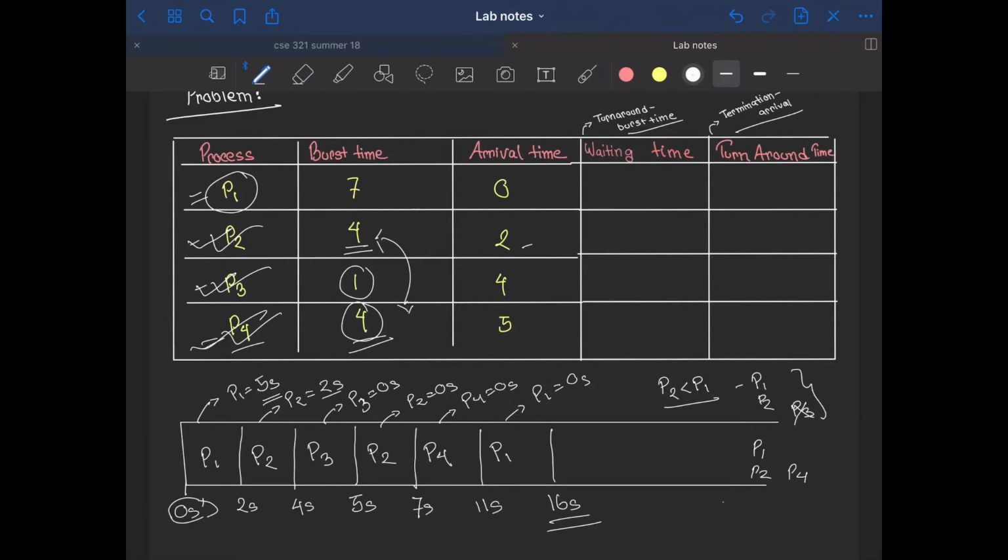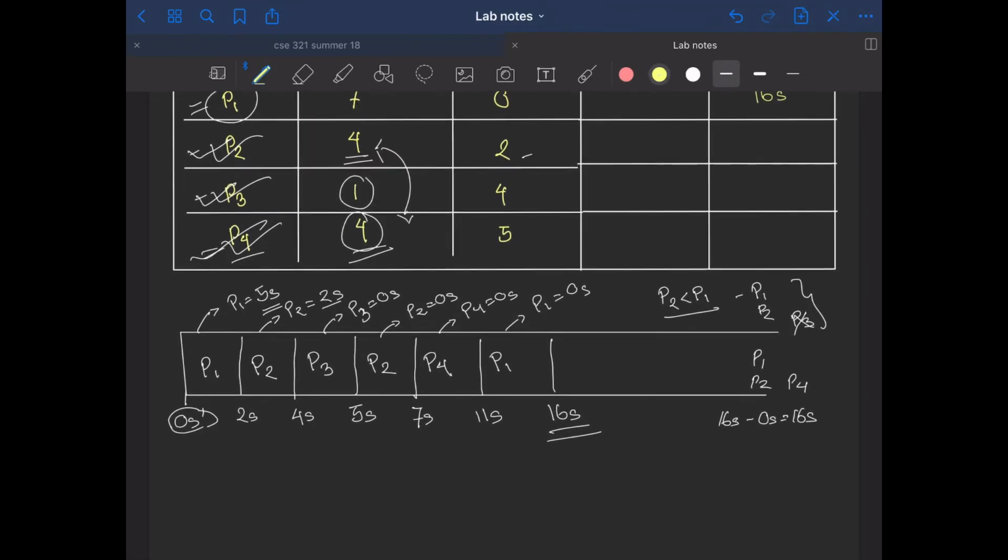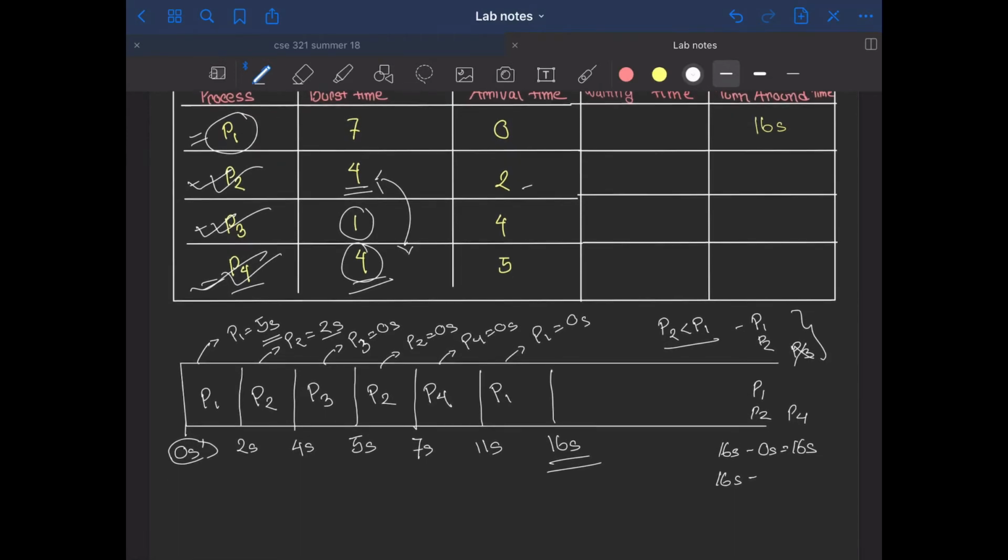So it was inside the RAM for 16 minus 0, that's 16 seconds. Let's write it down. It was in the RAM for 16 seconds, and waiting time is always turnaround time minus the burst time. So for this case, we have 16 seconds for the turnaround, and the burst time is 7 seconds.